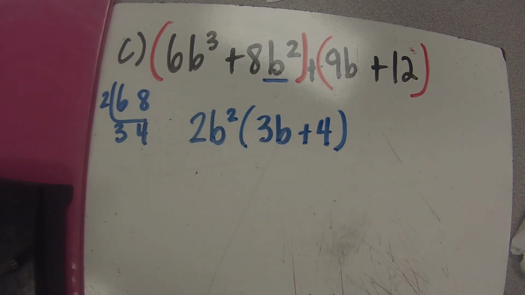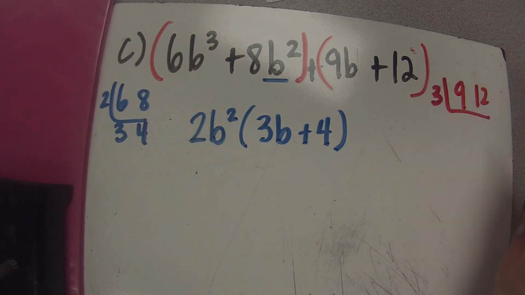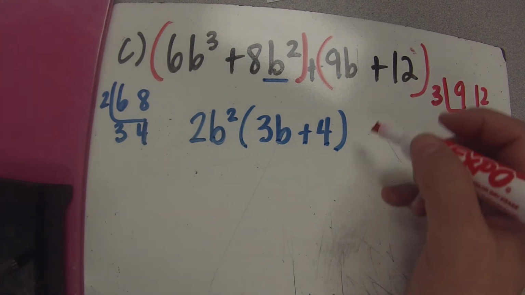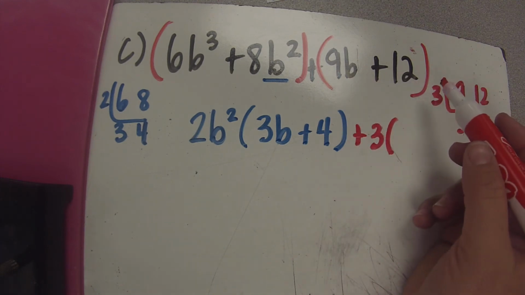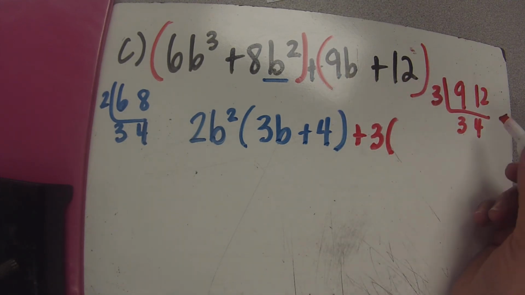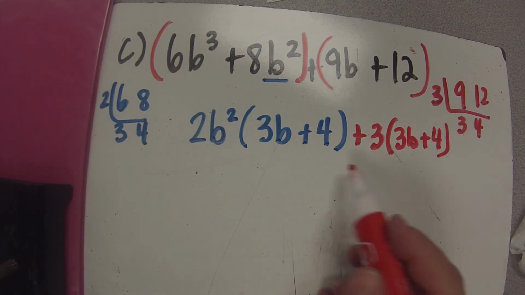Okay, same thing with the 9b and the 12. I'm going to focus on the numbers first. 3 will go into 9, and 3 will go into 12, so I can pull out a 3. Since the 12 doesn't have a b variable, I have to leave the b with the 9. And this is going to be 3b plus 4.